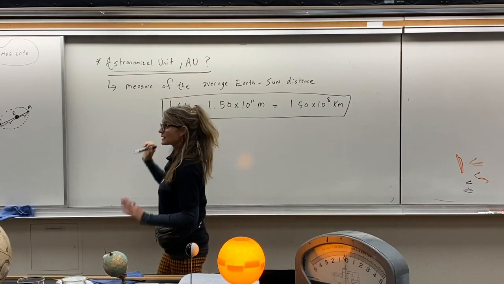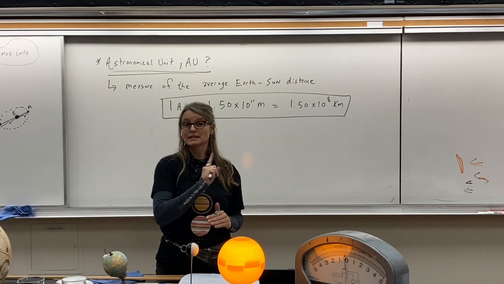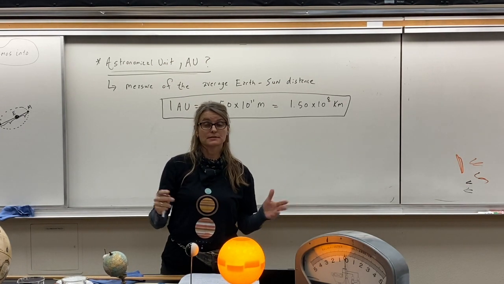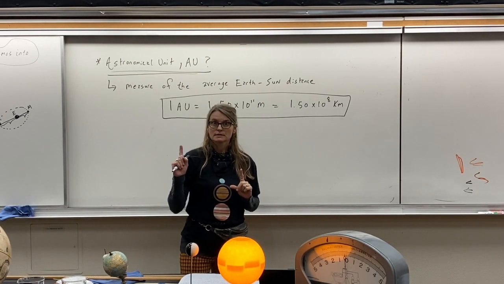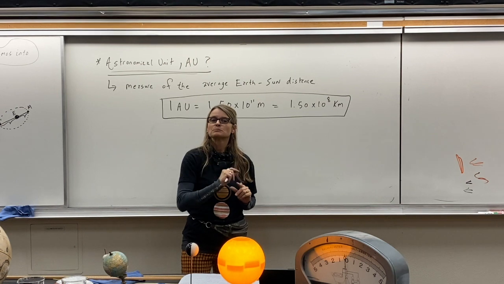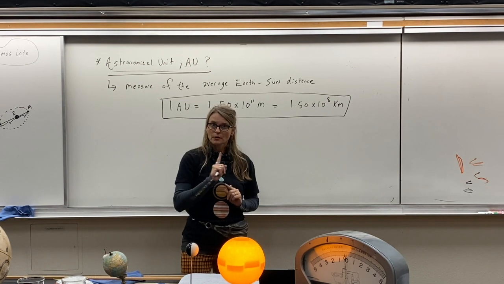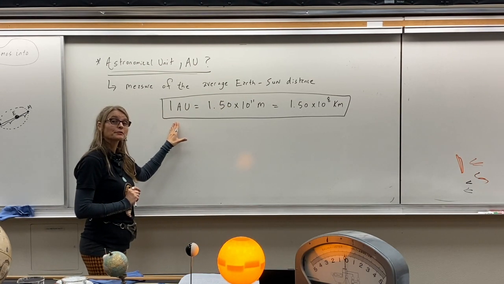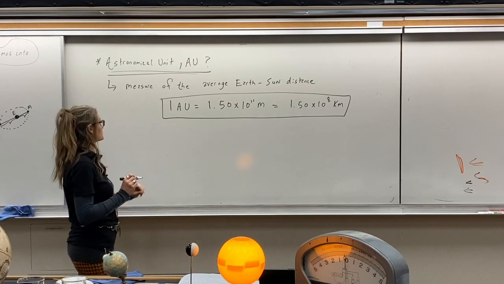Now, what you have to recognize again is that the Earth does not move around the sun in a circle. It moves around elliptical orbits, as do all the planets. So this is Kepler's laws. Kepler's first law says the planets move around the sun in elliptical motion. So what we'll have is times where the Earth and other planets are closer to the sun, and other times where they're further apart.